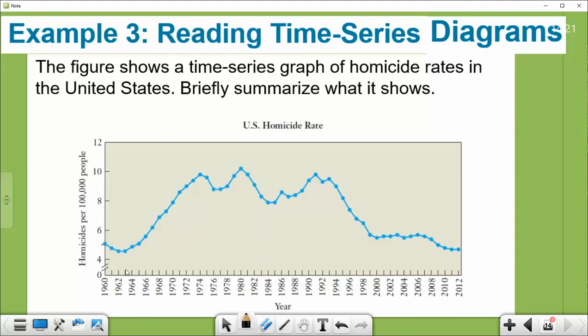In 1963, it looks like 4.5, and then it's increasing, a steady increase from 64 to about 74, comes back down just a little bit, peaks again here in 1979, comes back down, and goes up, down, and peaks again in 1990, 91.